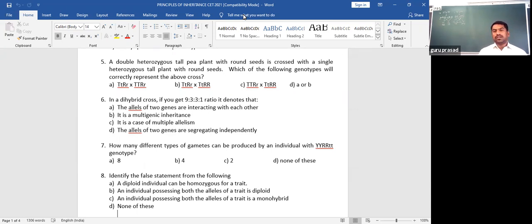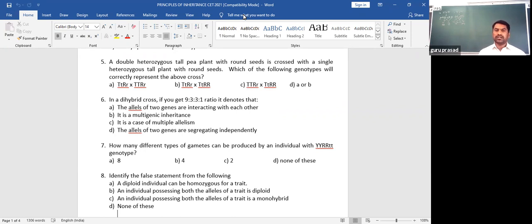So let us look at the options. Option A: capital T, capital R, small r. Here you can see that this parent is double heterozygous, both characters are heterozygous.